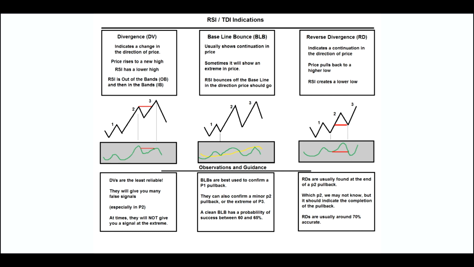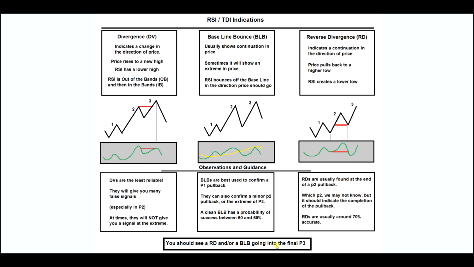Okay, now then, the final consideration or observation I've made of these 3 uses of the RSI is that going into a push 3, you should see a reverse divergence and/or a baseline bounce going into the final push 3.